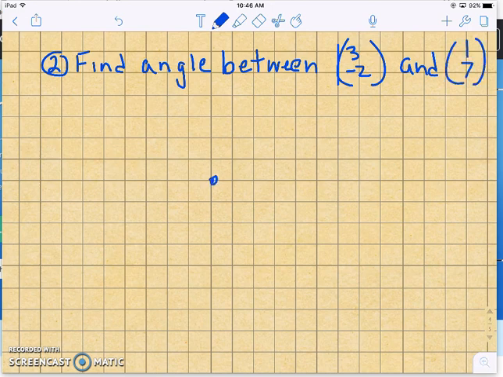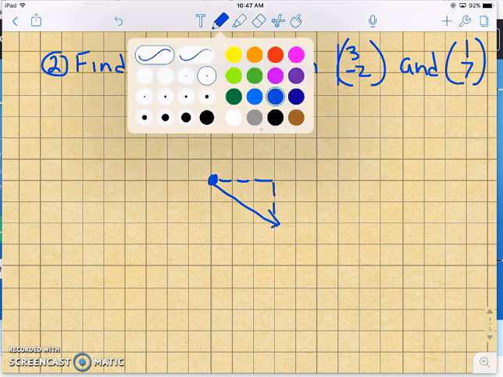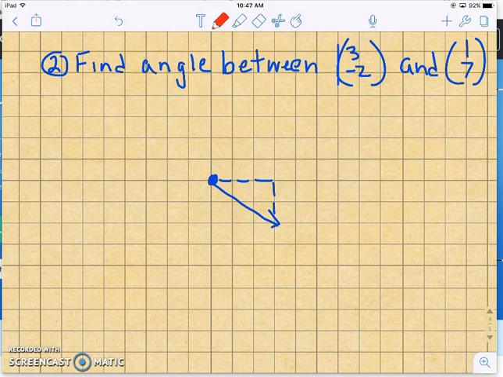So if we were to draw a picture of this, (3, -2) and (1, 7), which over 1 would be up here somewhere.